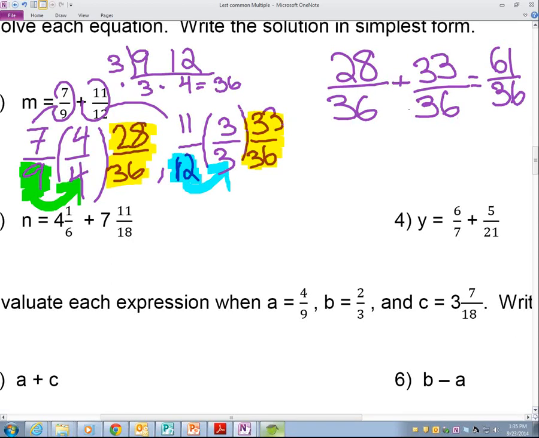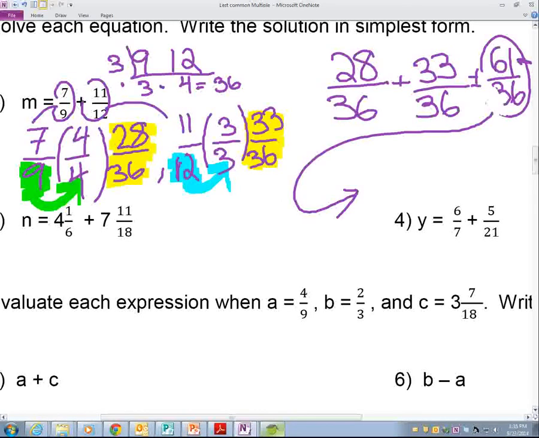What does that simplify to, Alex? What'd you get? What was that again? 1 and 25 36ths.